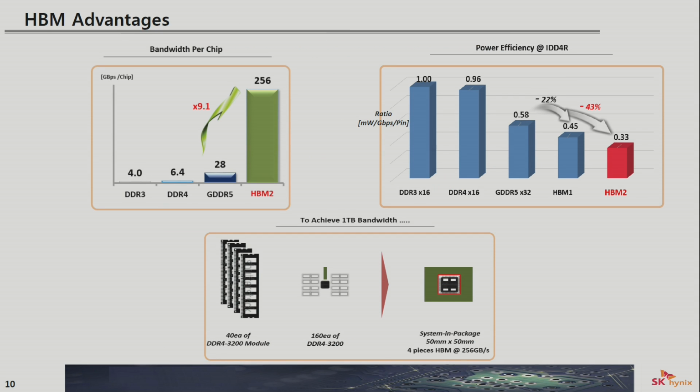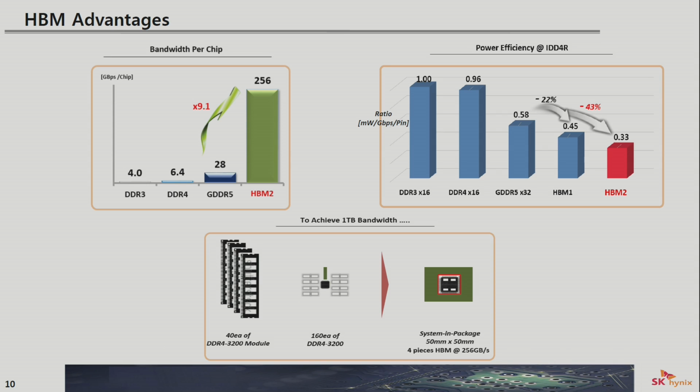When we compare HBM to existing commodity DRAM, we see that in terms of bandwidth, HBM can theoretically provide much higher bandwidth than a DDR5 solution or your existing DDR3 or DDR4 solution.